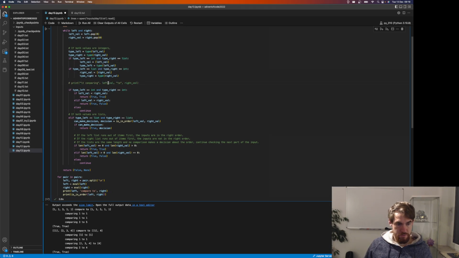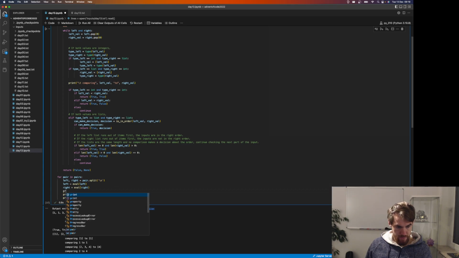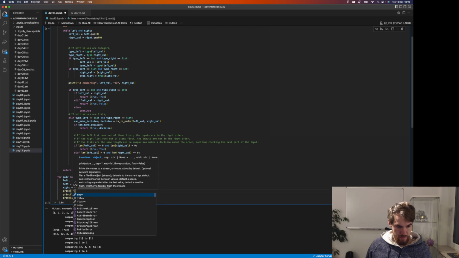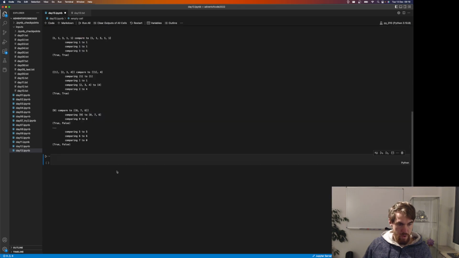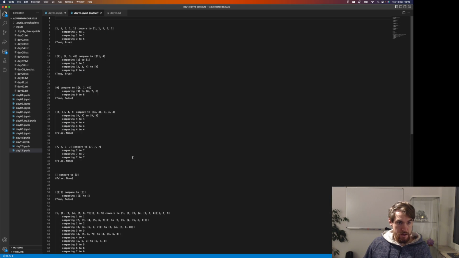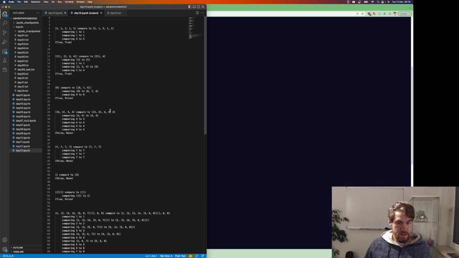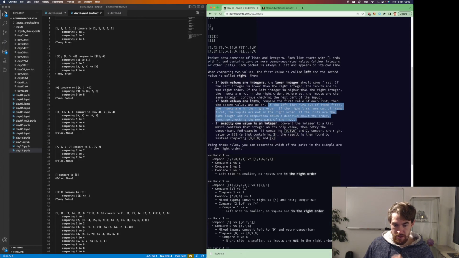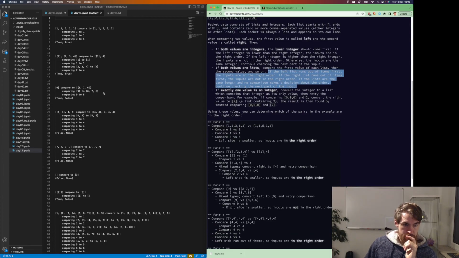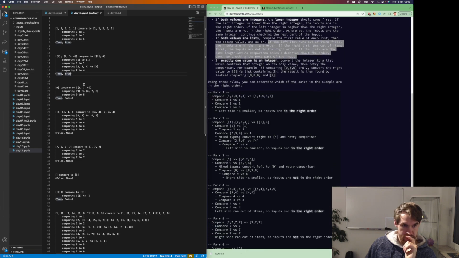So now we can take a look at the examples they had. The first one is that we can make a decision, it's in the right order. Second one, it's a decision, it's in the right order.